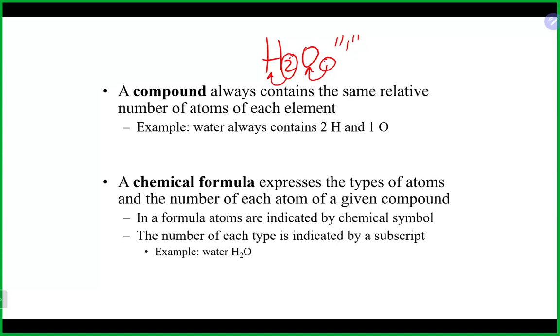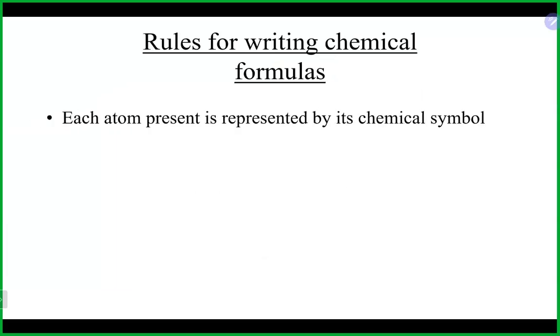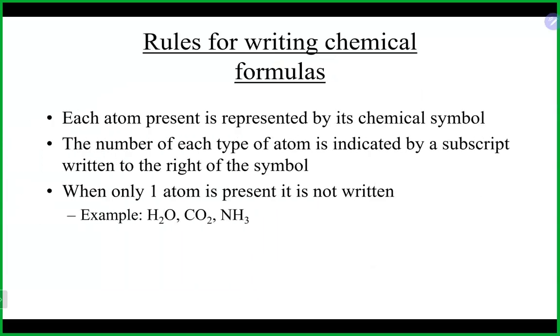As we'll talk about, by mass, they will also have the same mass ratio. When we write these formulas, H2O, CO2, and NH3, we use those subscripts. So in the case of carbon here, there's 1 carbon and 2 oxygens, 1 nitrogen, and 3 hydrogens.